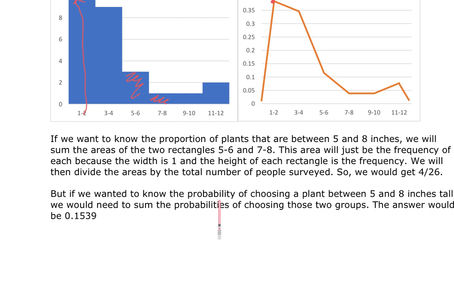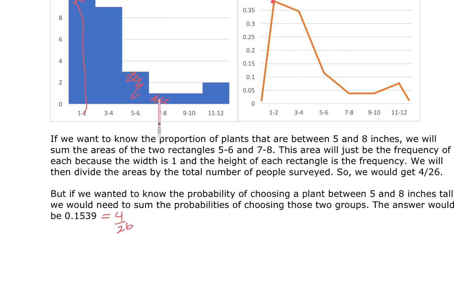But if we wanted to know the probability of choosing a plant between 5 and 8 inches tall, we would need to sum the probabilities of choosing those two groups. And that answer would be 0.1539, which just happens to be 4 divided by 26.